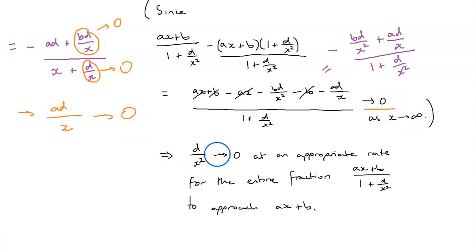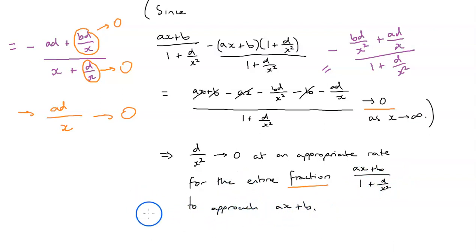And so what this tells us is that d/x² goes towards 0 at an appropriate rate for the entire fraction (ax + b)/(1 + d/x²) to approach ax + b.